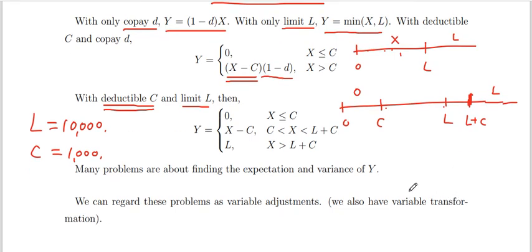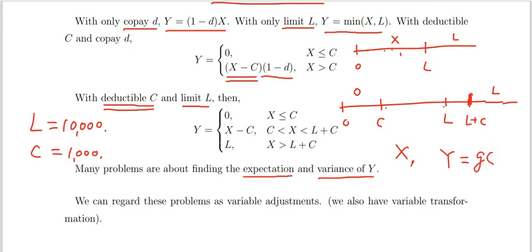So we have many of those kinds of problems to find the expectation for the payment, expectation of Y, or sometimes variance of Y. Such a problem we can regard like we know X, but we focus on Y. So this Y is somehow related to this X, like X is loss, Y is payment.